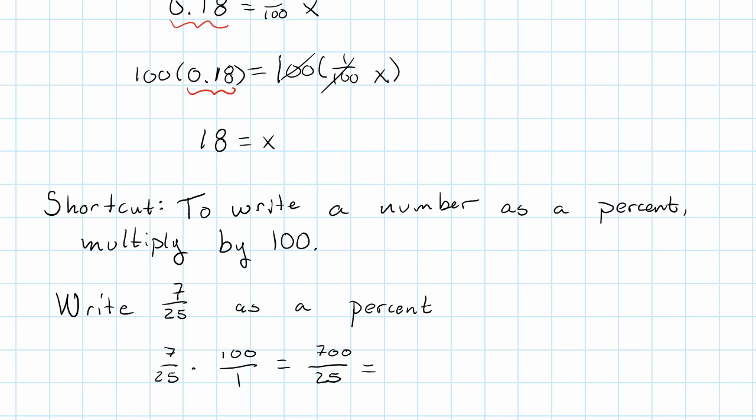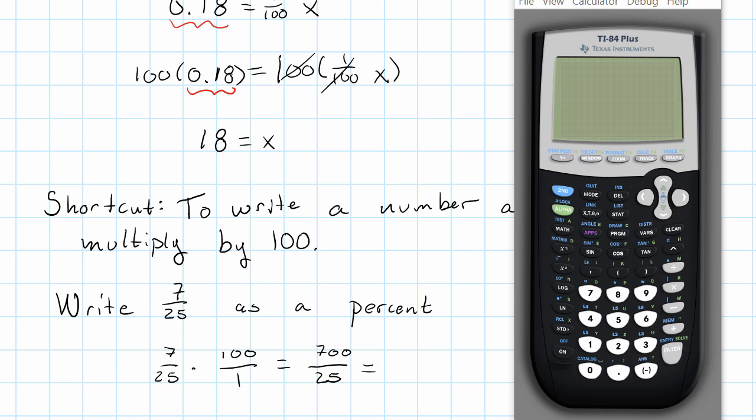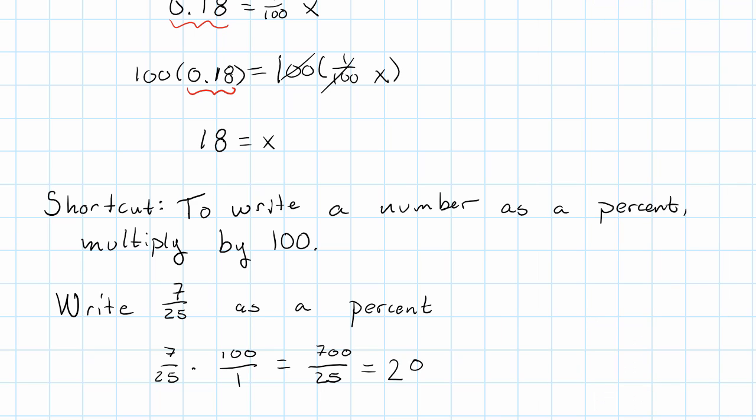You can work that out by hand or use a calculator. 700 divided by 25 is 28. And so we see that 7/25ths is 28%.